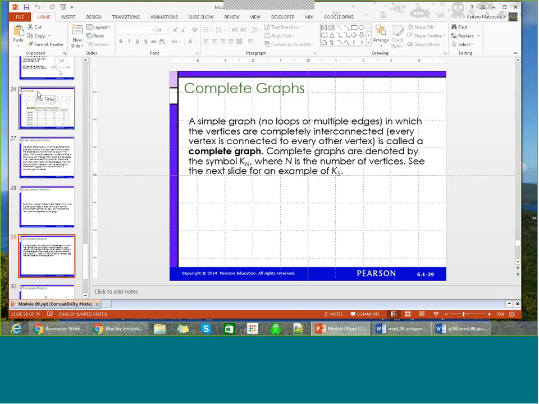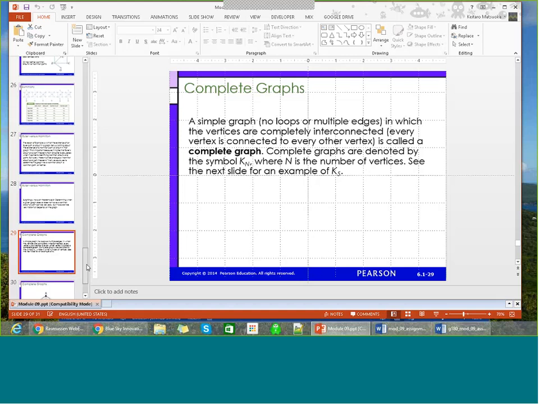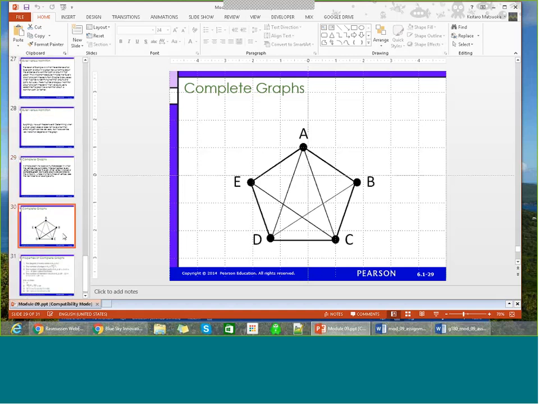We denote that by the symbol Kn, K being the complete graph, n being the number of vertices. So I'm going to show you an example of K5. That's a complete graph with 5 vertices. Here we go. All the vertices are connected with each other, and there are five of them, A, B, C, D, E. So this is an example of K5.